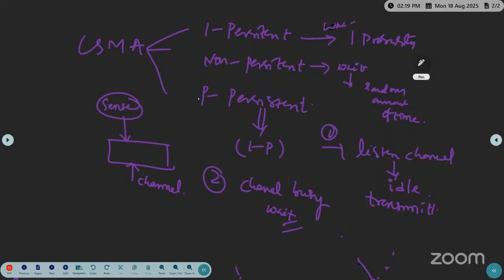If the channel is busy, we need to wait some amount of time, depending on either 1-persistent, non-persistent, or P-persistent: either one probability of time, a random amount of time, or 1 minus p probability of time.